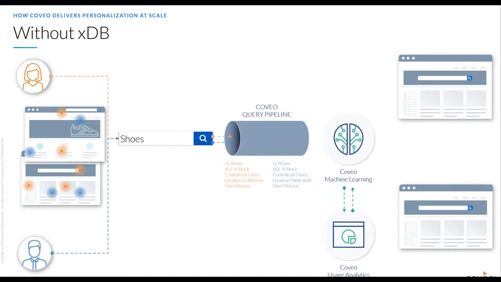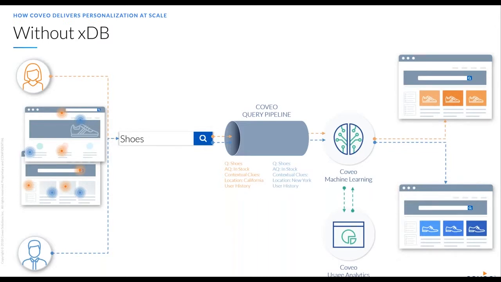The difference being now that Coveo is able to take other contextual clues. In this case, we have location. Julie is located in California versus Joe is located in New York. We can build that so that we can take that context in and provide two different search results, again, based on that particular journey.